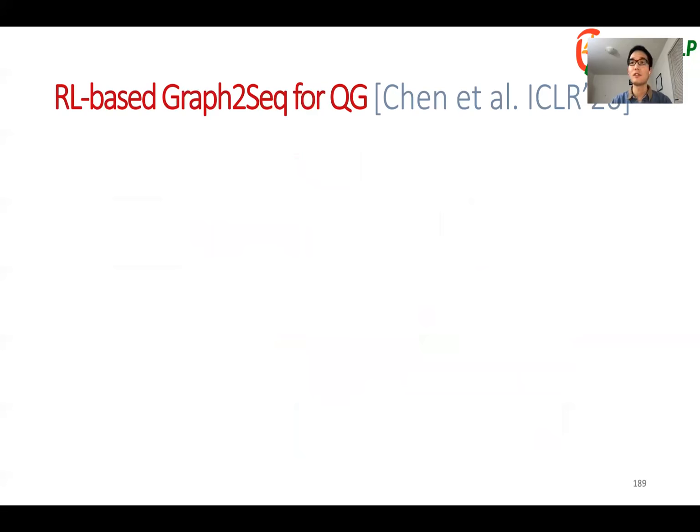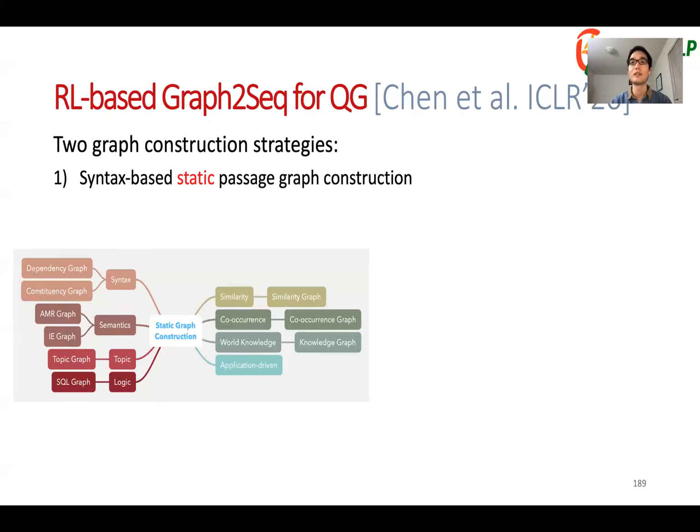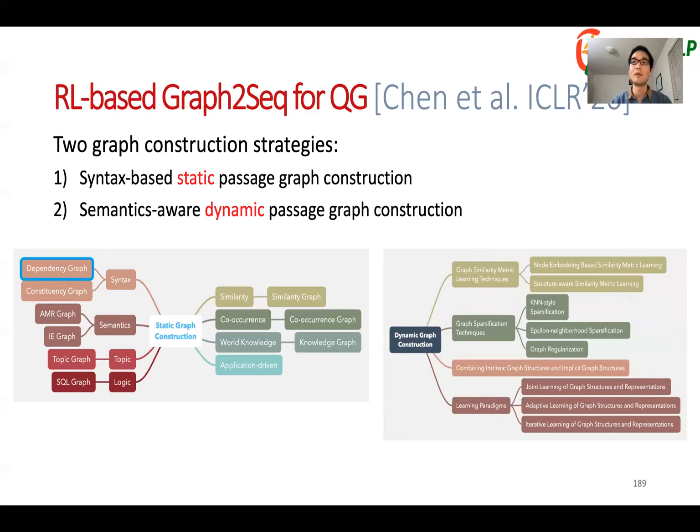As for graph construction, the authors explored two different strategies. One is syntax-based static passage graph construction, where a dependency graph was constructed. The other is semantics-aware dynamic graph construction, where node embedding-based similarity metric learning and a KNN-style sparsification were applied.